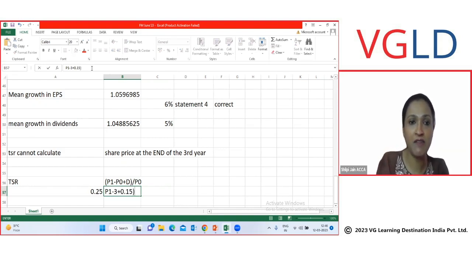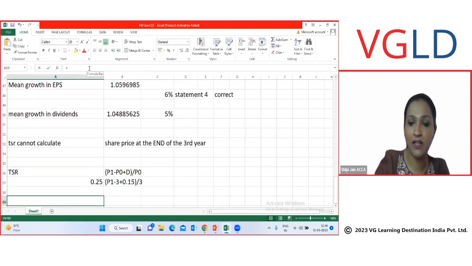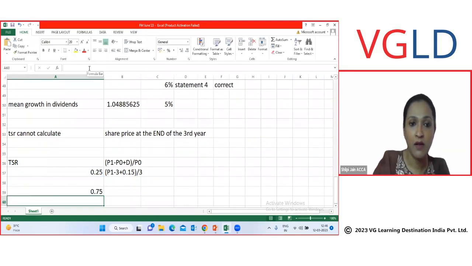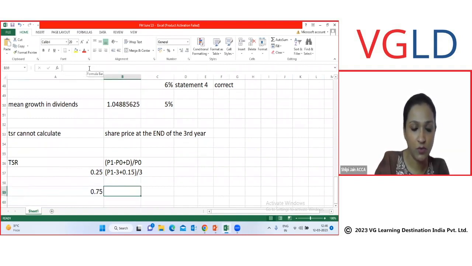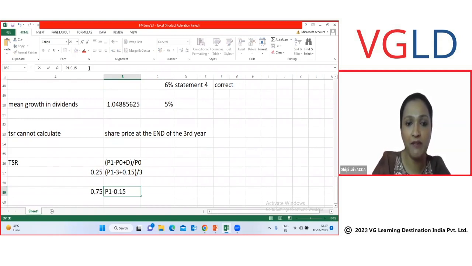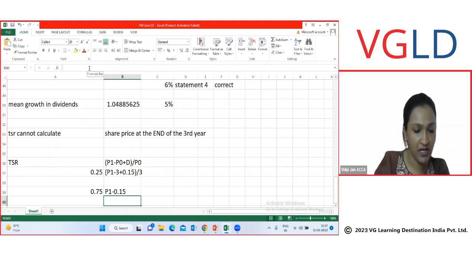All of this divided by my base price, which was 3. So quickly calculate this, multiplied by 3. And then what does this come out to be? Equals P1. P1 minus 3 plus 0.15 will be equal to minus 0.15. And then we can just take it.